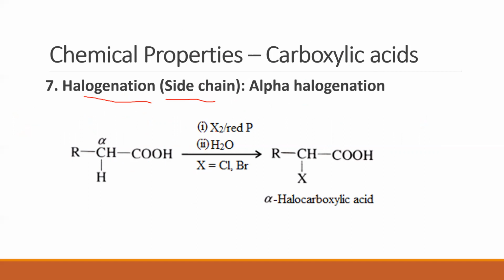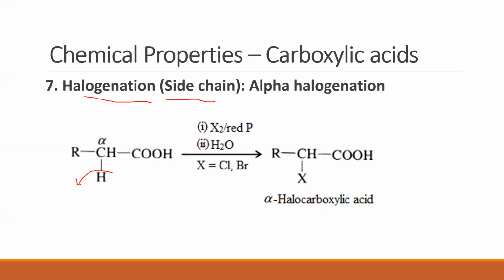When it is made to react with halogen, red phosphorus, and then subsequent reaction with water, the halogen can be either chlorine or bromine. Look at what the product is. The product is alpha halocarboxylic acid. Now what has happened here?